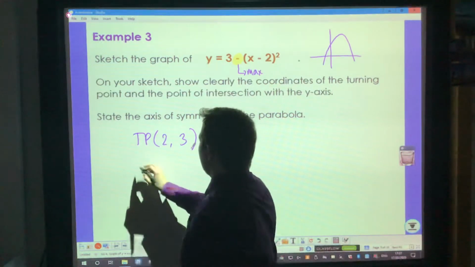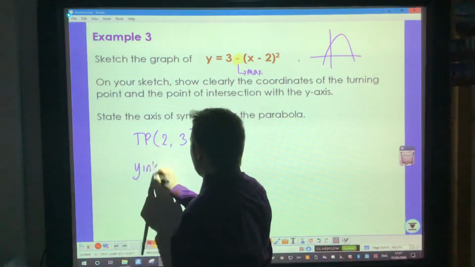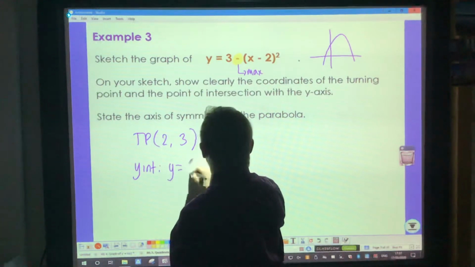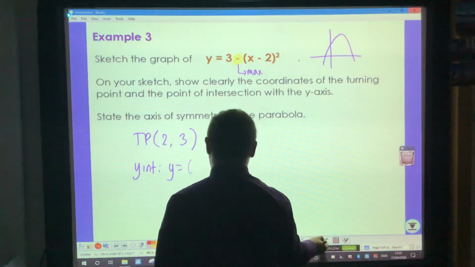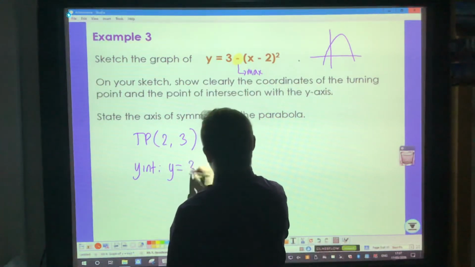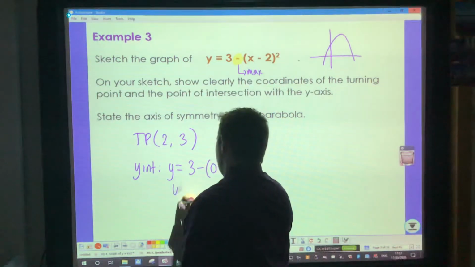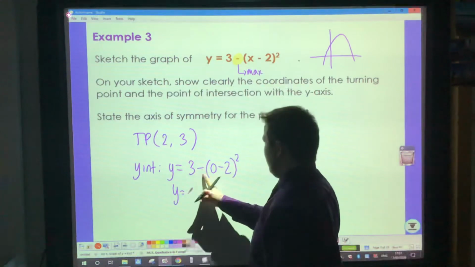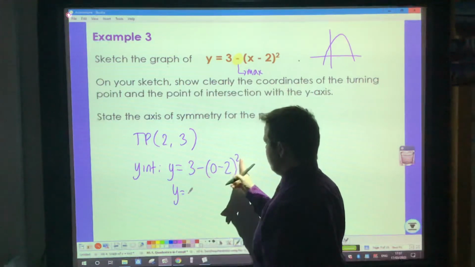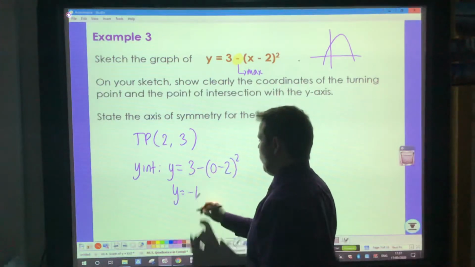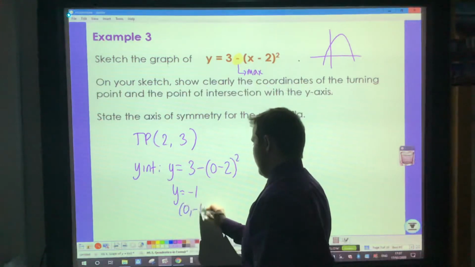Okay, y-intercept, 0 minus, oops, let me do the correct form, sorry. 3 take away 0 minus 2 squared. That is 3 take away, well, negative 2 squared is 4. 3 take away 4 is negative 1. So we've got 0, negative 1.